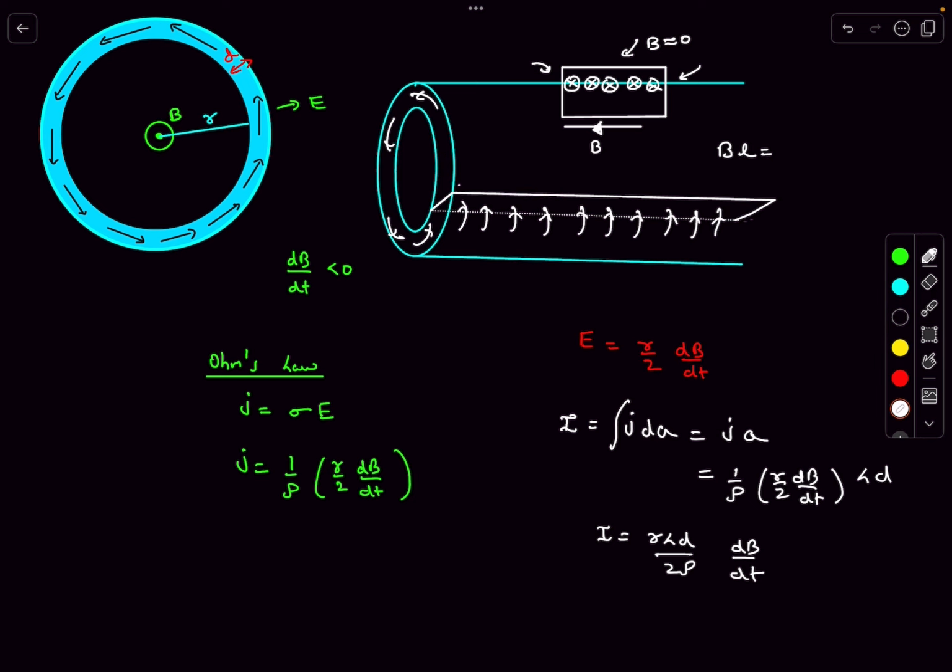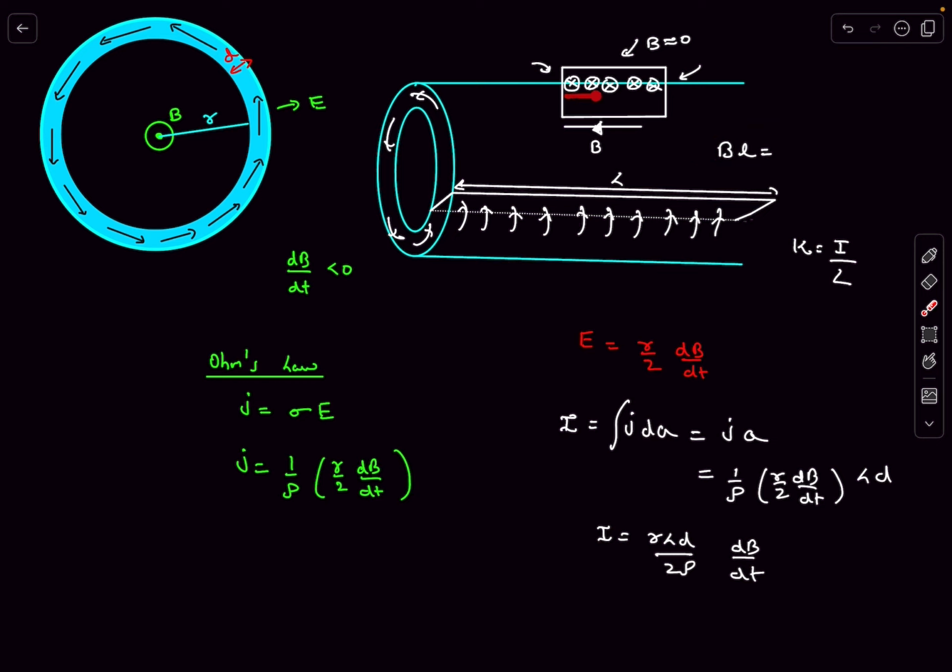We know that the current passing through the entire length L of the cylinder is I. So the current per unit length, which we call the surface current density K, is nothing but I divided by L. That is basically the current passing through per unit length of the cylinder. This should be capital L. Now B into small l equals mu naught times the I enclosed.